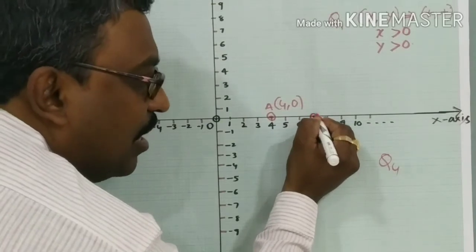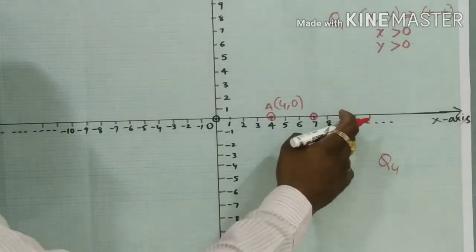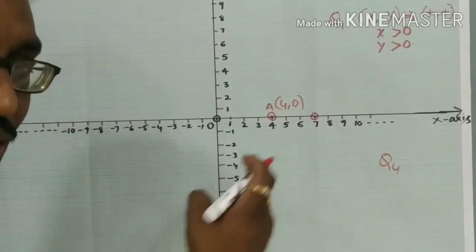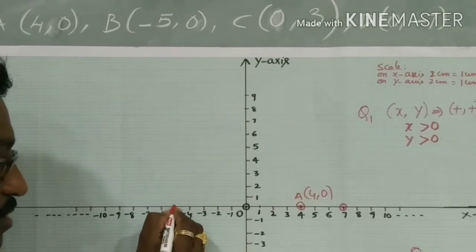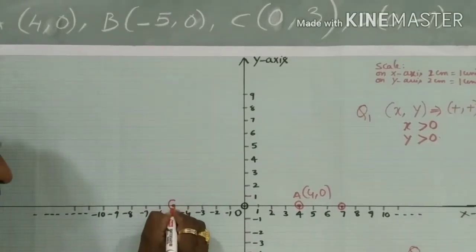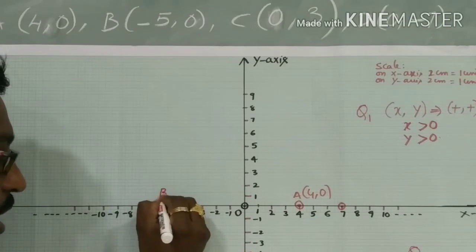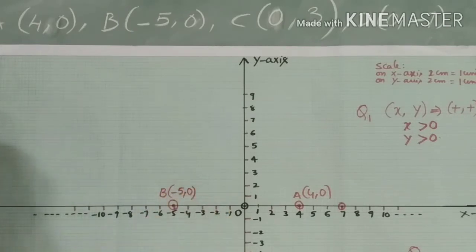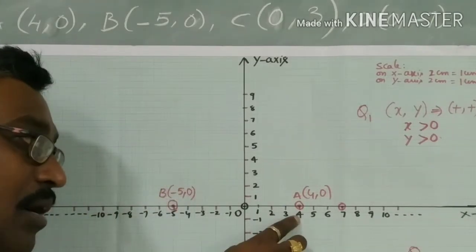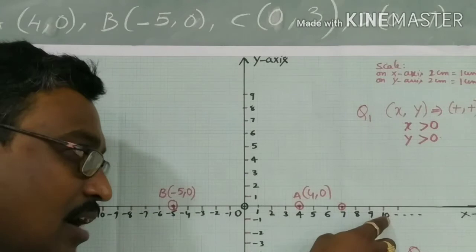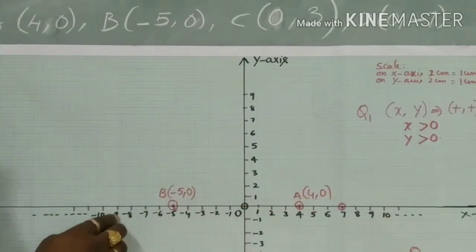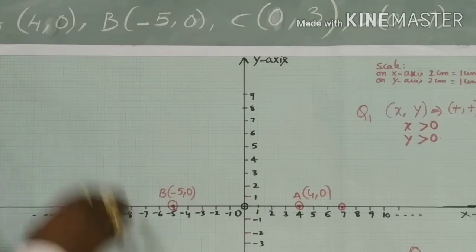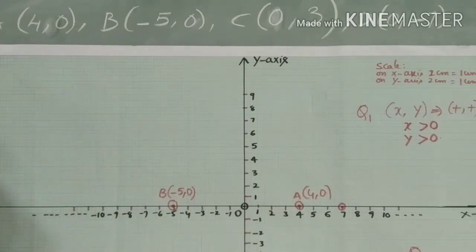So a point on the x-axis is 4 comma 0. Suppose it lies farther along, then it is 7 comma 0, 9 comma 0, 10 comma 0, and so on. What is the second point? Minus 5 comma 0. Here it is minus 5. The y coordinate is not there, so 0. Therefore, B is minus 5 comma 0. So points on the x-axis: 4 comma 0, 7 comma 0, 10 comma 0. This side: minus 2 comma 0, minus 5 comma 0, minus 9 comma 0. That means some number comma 0.